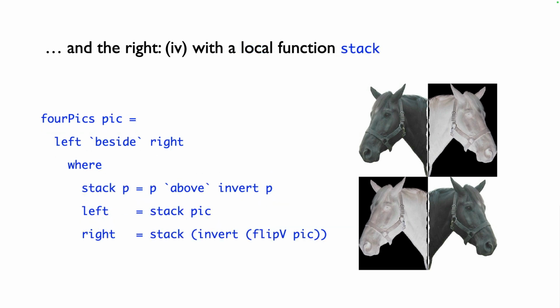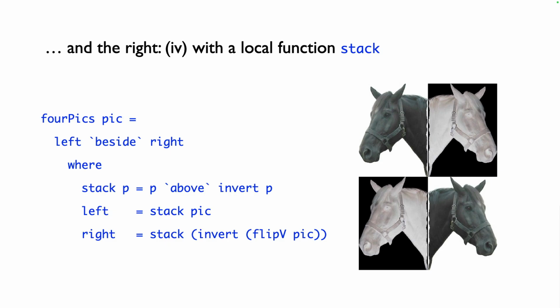And finally, I'm defining what's called a local function here. So I'm defining a function called stack p, which takes a picture p and puts it above the inverted version of that picture. So whatever p is, we get the picture above its inverse. And then we can define left and right. Left is got by stacking pick itself.